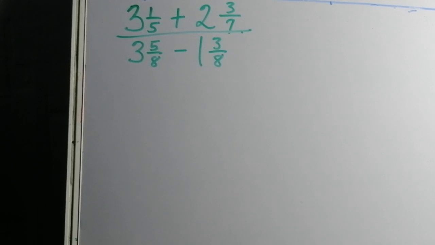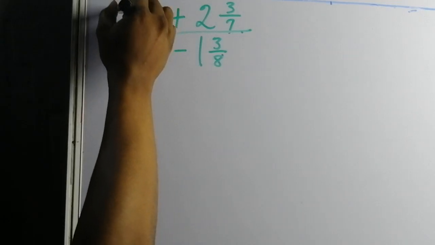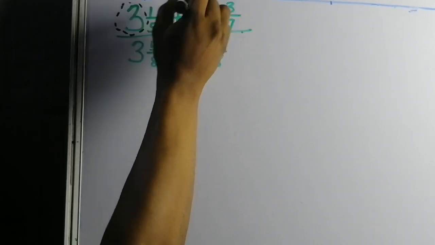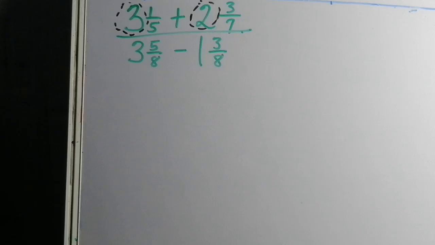So if you look at this very well now, you have your whole number. This is your whole number, and what is at the middle is plus. So what do you do to your whole numbers? You add your whole numbers. 3 plus 2 is what? 5.